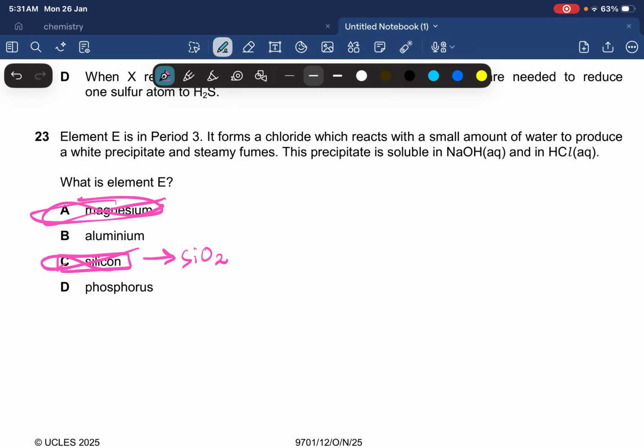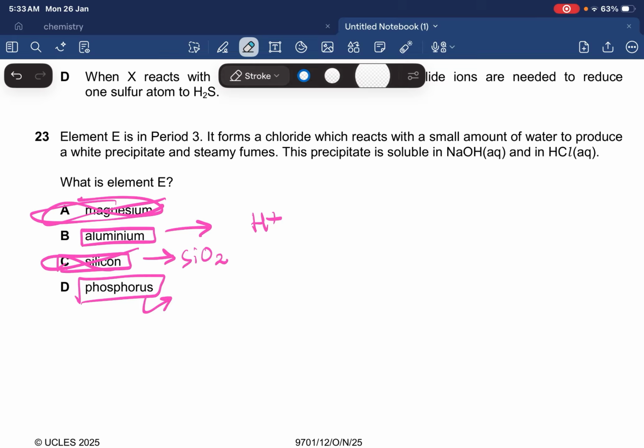Out of these two, we have to look at the reactions carefully and decide. For phosphorus, what kind of precipitate are we expecting? For aluminum, we know we form complexes, and then we form H+ ions.